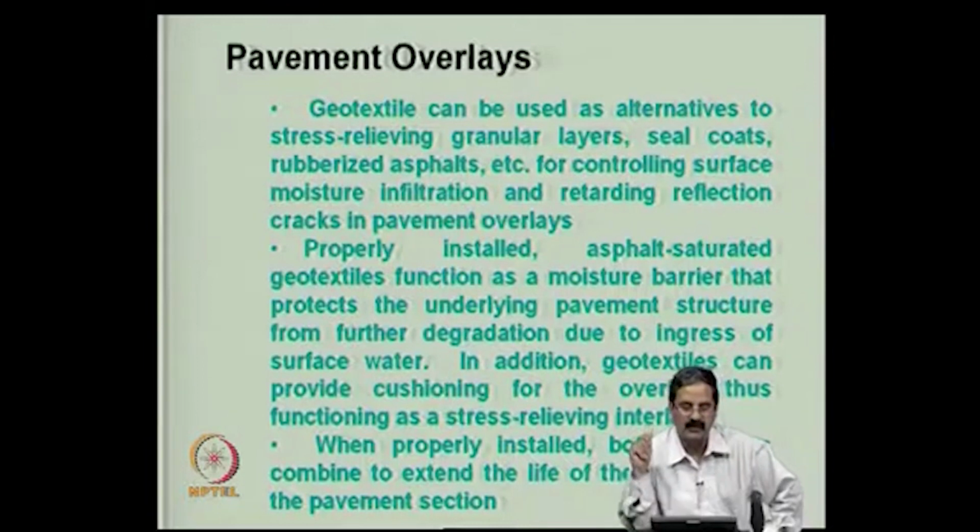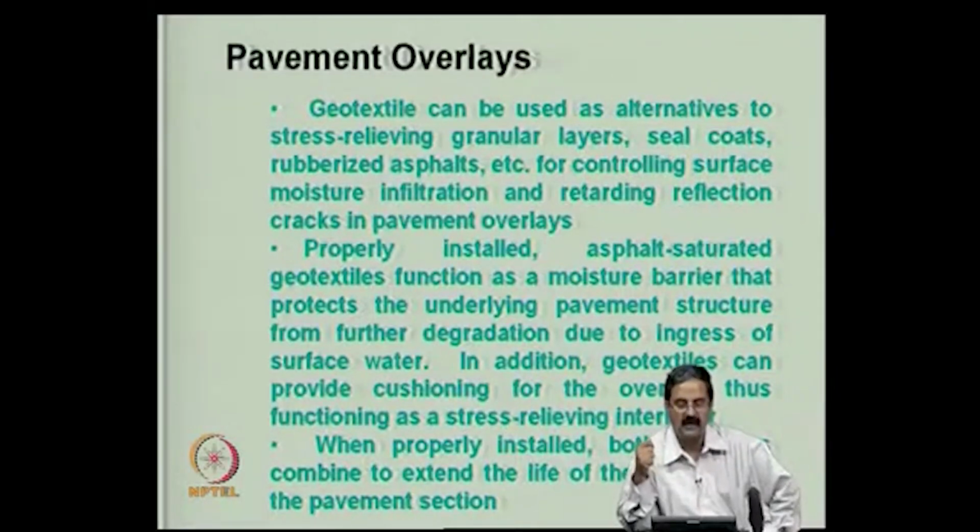It can work as a moisture barrier. Geomembrane could be expensive. So, what do you do? Anyhow, you are doing road work, you have bitumen. In fact, geomembrane is also from that processing and coal tar product.